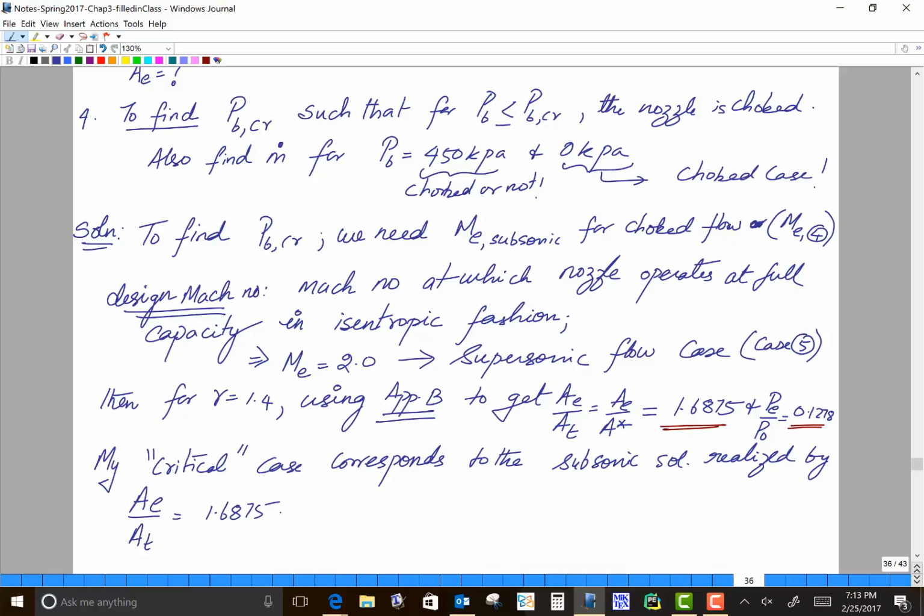It's still going to be 1.6875 for the subsonic case. So now I use appendix B to find the subsonic solution, and this happens to be ME subsonic, which is the ME corresponding to the critical case, and that turns out to be approximately 0.37.